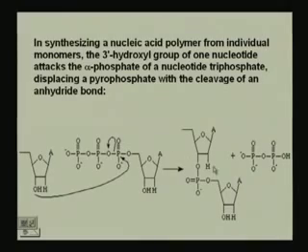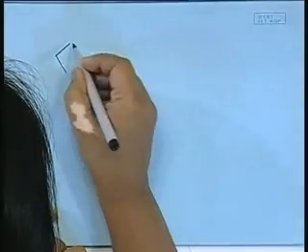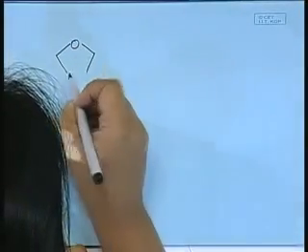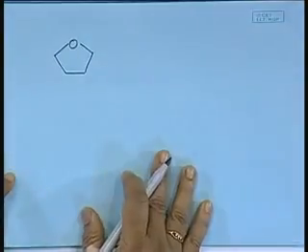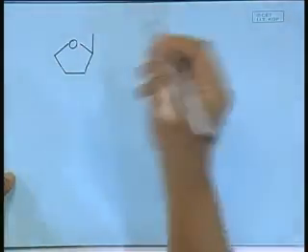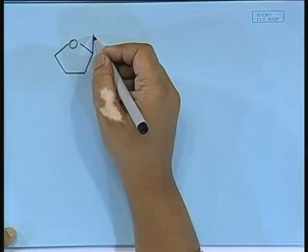Okay. Now, we are going to see how we can actually form these. Now, we are synthesizing a nucleic acid polymer. Okay. Essentially, what we have is we have something like this. This is our sugar. What do we have attached at this position?